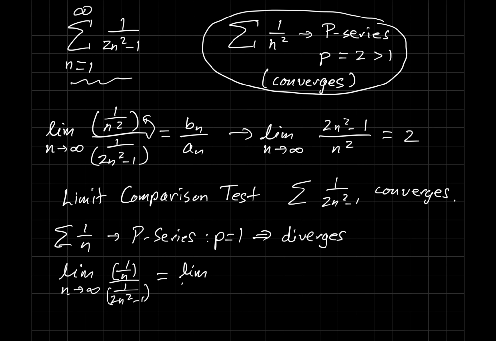Doing the algebra here as well, I would get 2n squared minus 1 over n as n goes to infinity, but that goes to infinity. And recall that our limit must be positive, can't be 0, but it also must be finite.